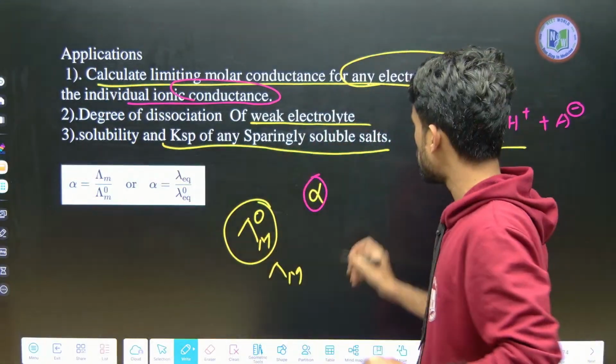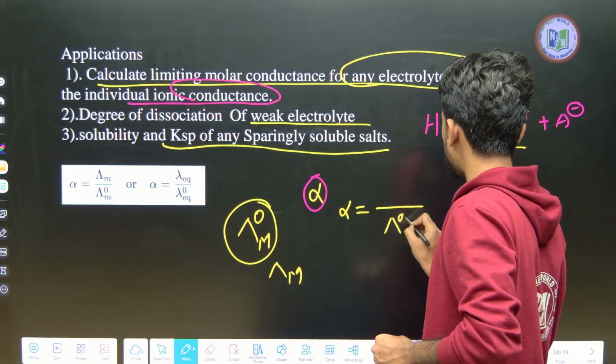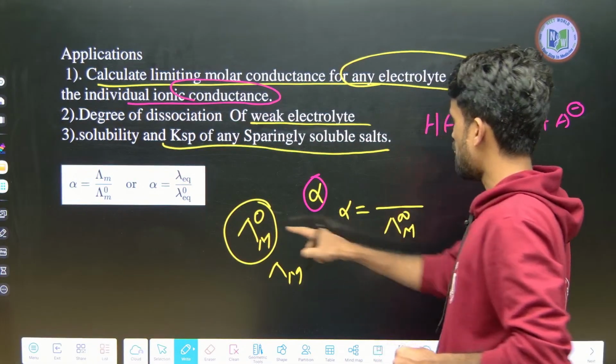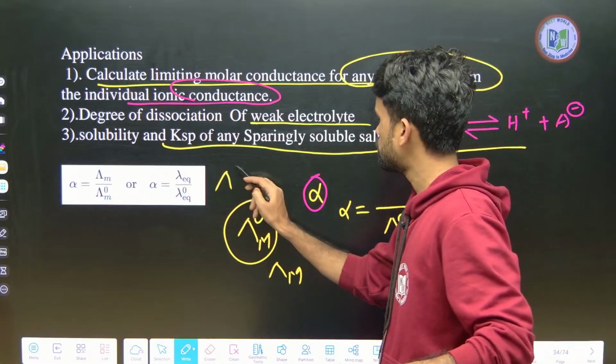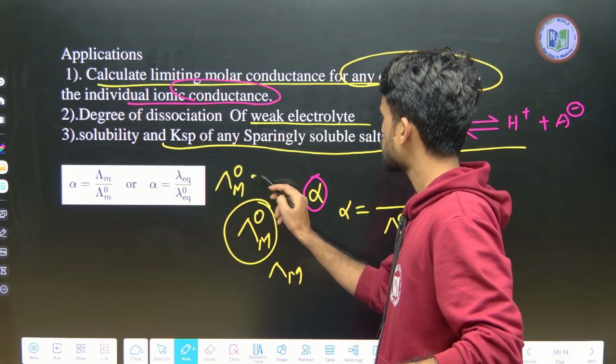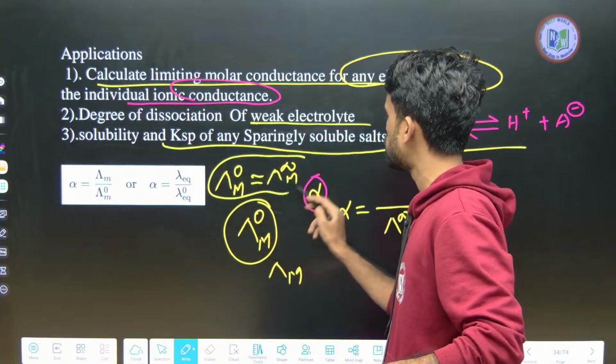So you take alpha as a ratio to the molar conductance at infinite dilution. I am using 0 or infinite, both of them are the same: del naught M and del infinite M are the same, do not get confused.